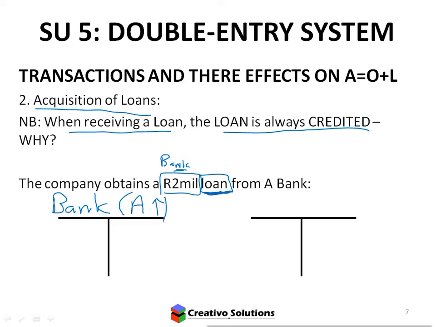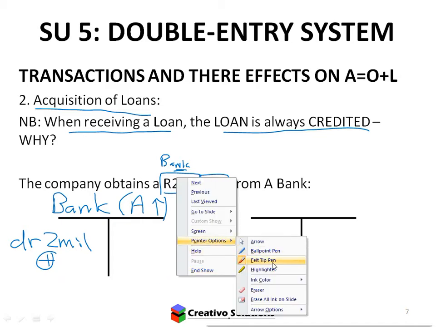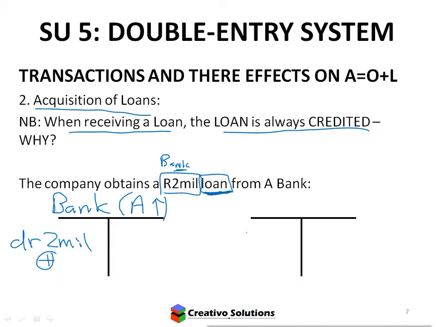Where do assets increase? On the debit side. So we're debiting 2 million, plus. That's the first bit. You told me that this stood out, loan. So let's interpret what's happening. Do I know what a loan is? That's the first step. Do you know what a loan is? What is it?